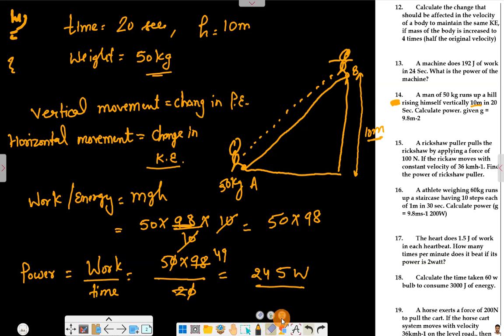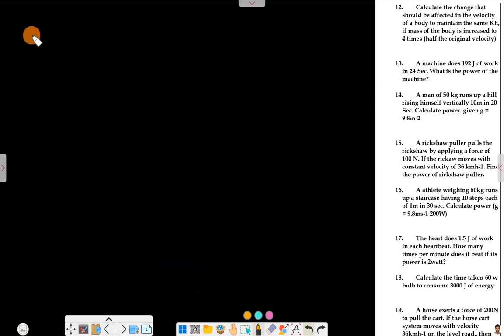Moving to the next question. Question number 15. A rickshaw puller pulls the rickshaw by applying a force of 100 Newton. So force is 100 Newton.